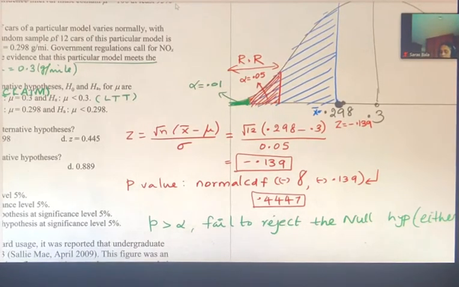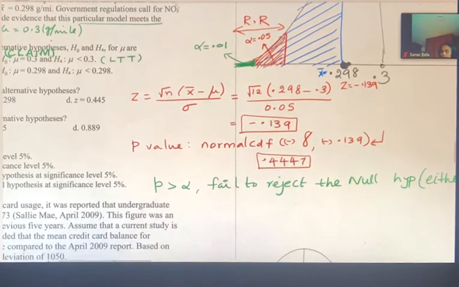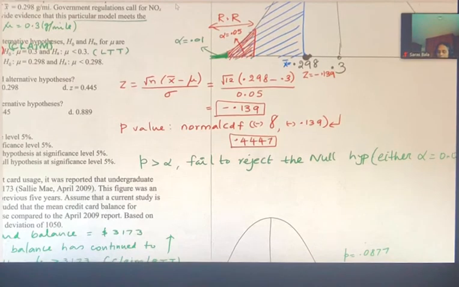So I see that the probability value is for negative 1.39, because it's a left tail test, and the probability is pretty strong. It is about 44.47 percent. Since my p-value is greater than alpha, I fail to reject the null hypothesis.